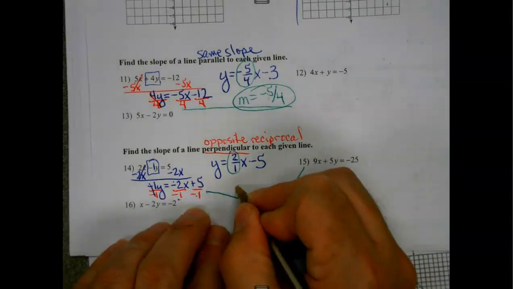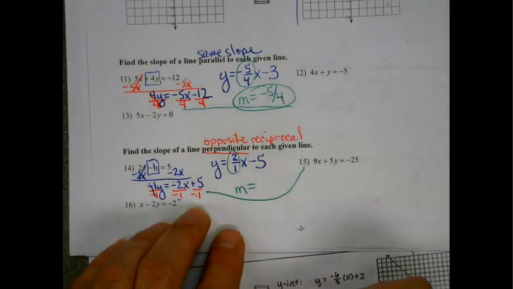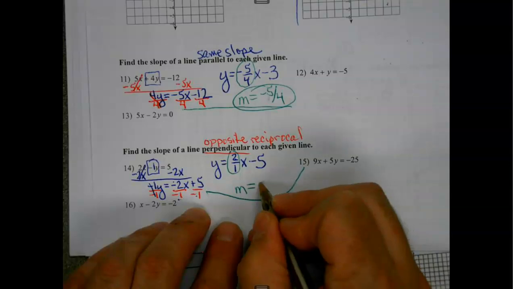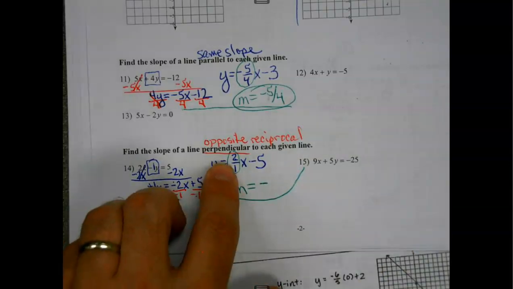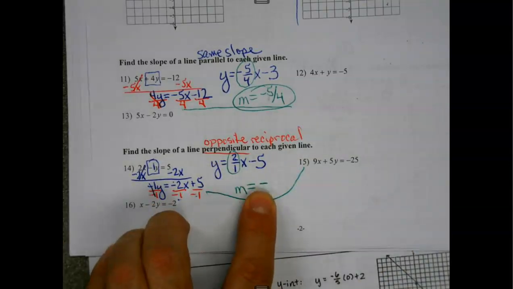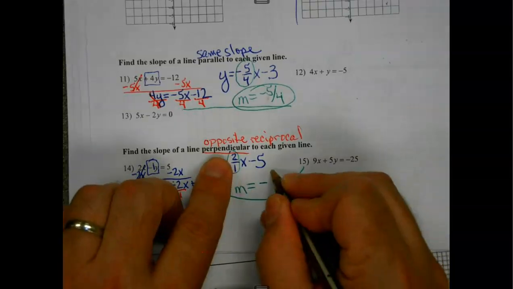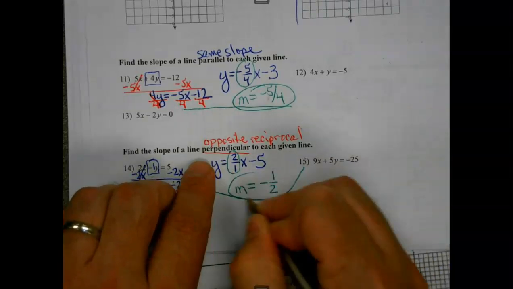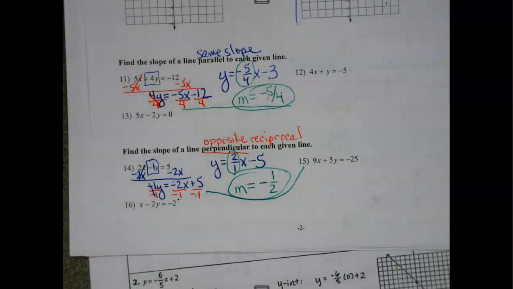The slope of the line that's going to be perpendicular changes the sign. This was positive, so this will be negative. And then just flip the fraction over. That's it. You're just looking for the slope of the line it's going. Change the sign of your original slope once y is alone, and then flip it. That's all you're doing. Okay?